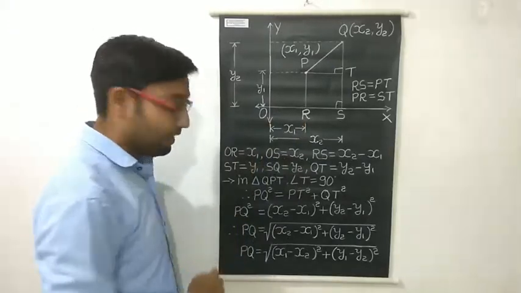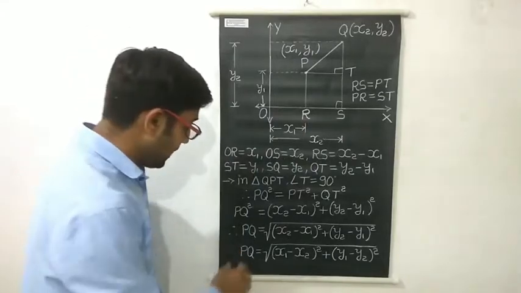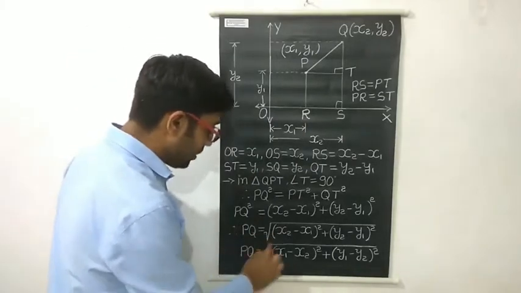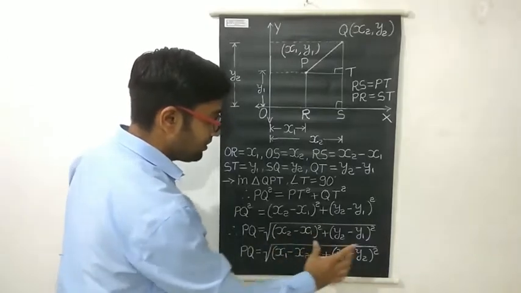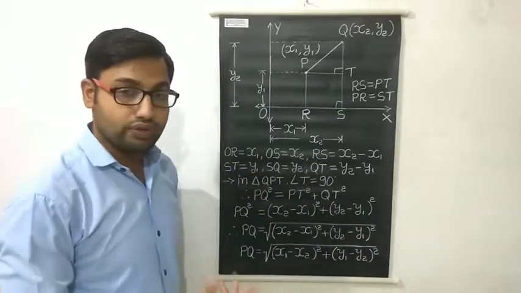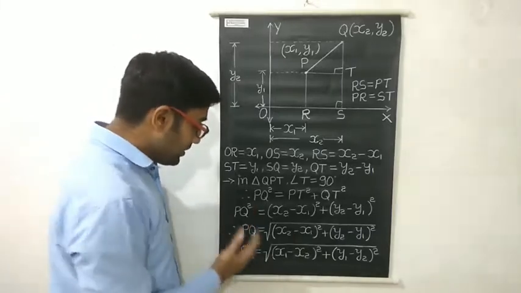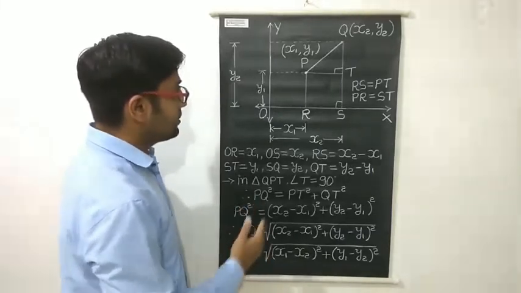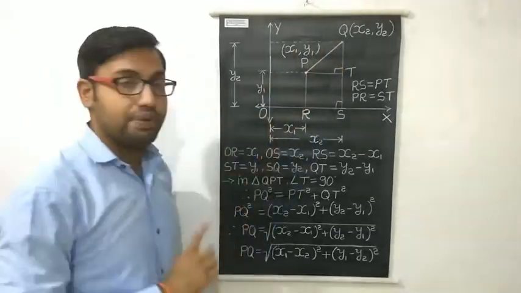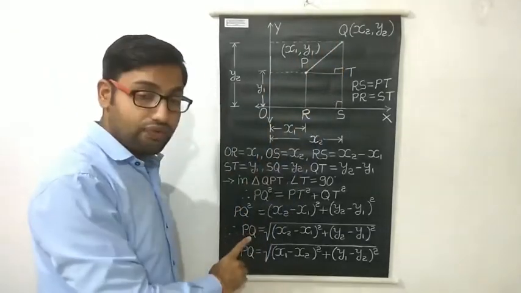We want to find PQ, so by taking the square root on both sides, we get PQ equals the square root of (x2 minus x1) whole squared plus (y2 minus y1) whole squared. This is the distance formula to find the distance between the 2 points P and Q. This is the general formula.